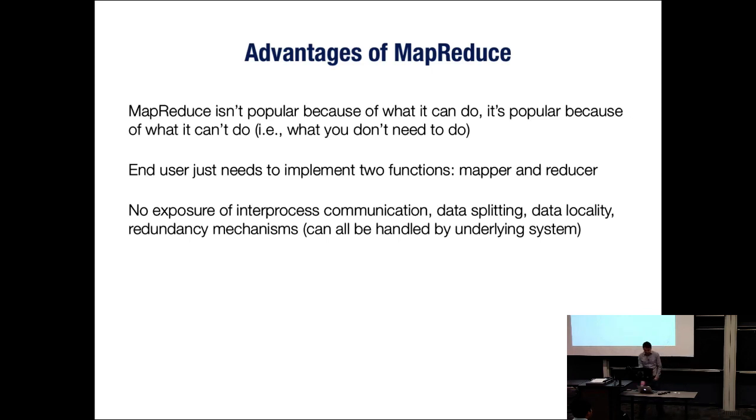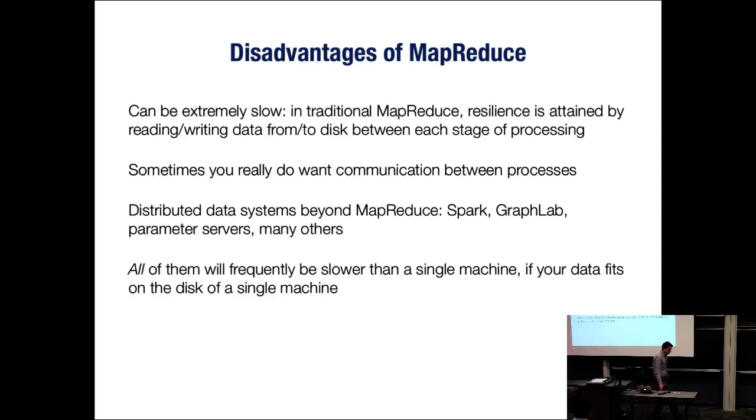Now, having said that, there are some huge downsides to it as well. The first one is based more upon traditional MapReduce, and this is actually one of the big things that has been fixed, or at least addressed, by new frameworks in recent years. And that is that MapReduce, at least in its traditional sense, is extremely slow.